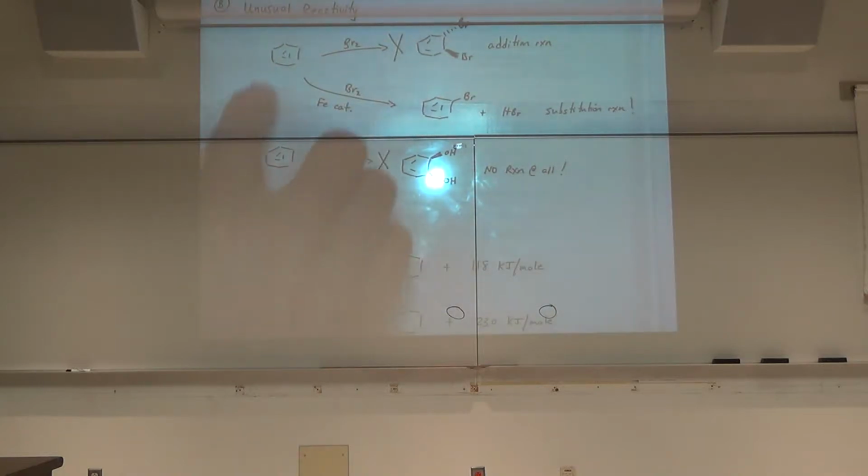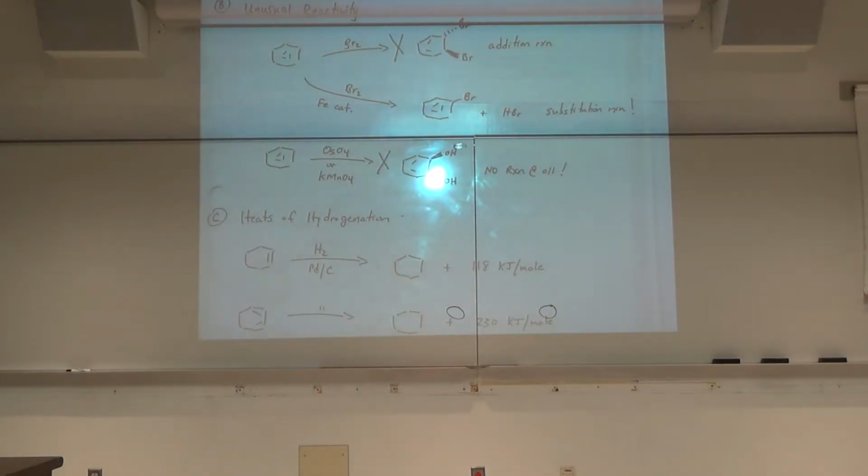Oh, that was A? Okay. Well, let's not worry about it. Oh, there it is. It's all carbon bonds are the same length. It's like halfway through the page, under evidence for delocalization.